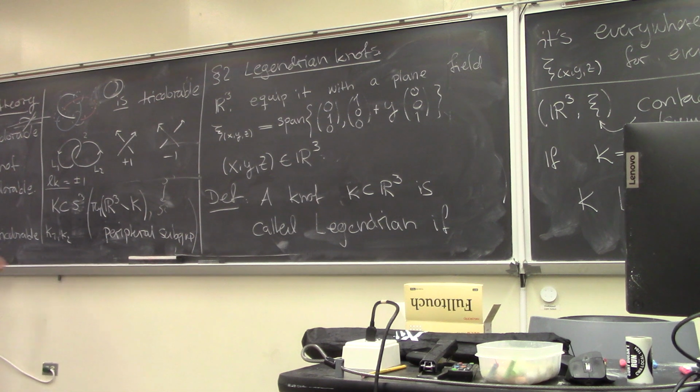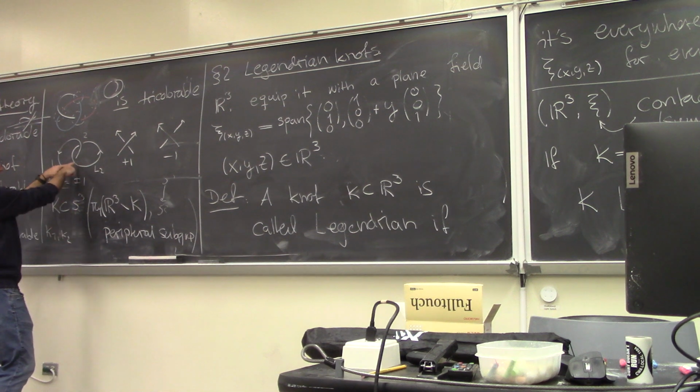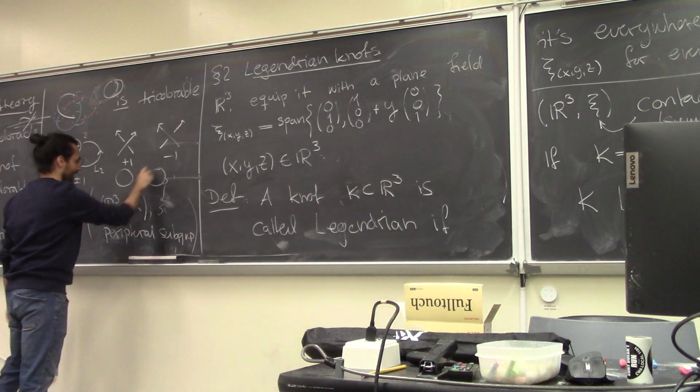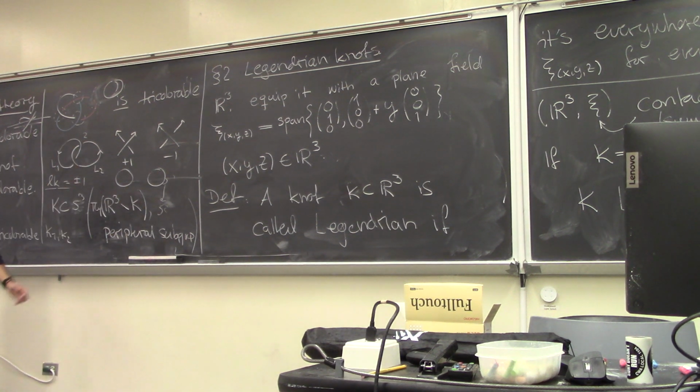I can't be bothered to check which sign, so it's either plus or minus 1. And you can show that the linking number is an invariant. So this has linking number plus or minus 1, and the unlink has linking number 0 because there are no crossings between the components.